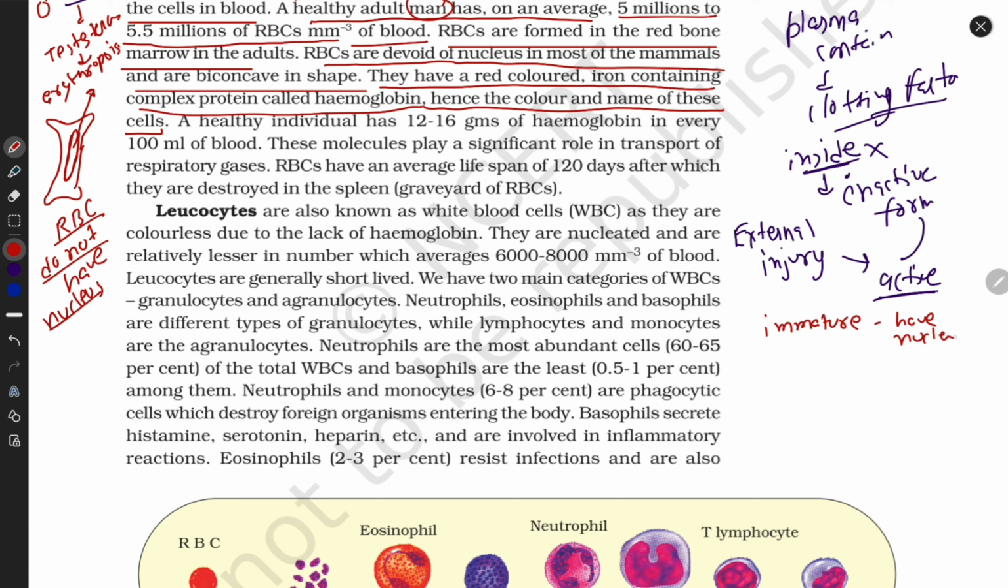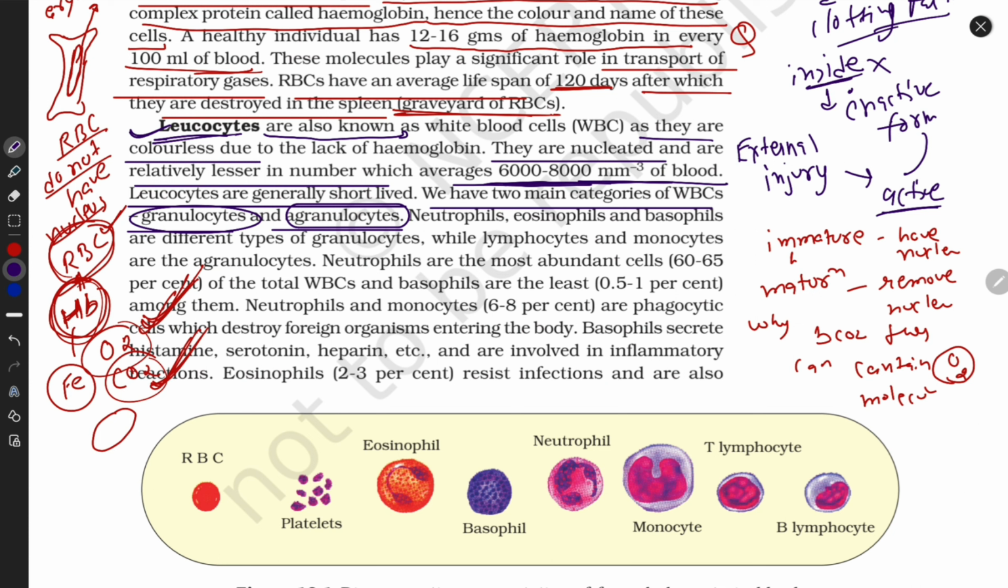That's it. We have two main categories of WBC: granulocytes and agranulocytes. Granulocyte means they contain granules, they contain particles. Agranulocytes do not function in carrying oxygen or anything. They do not have granules or any kind of proteins.